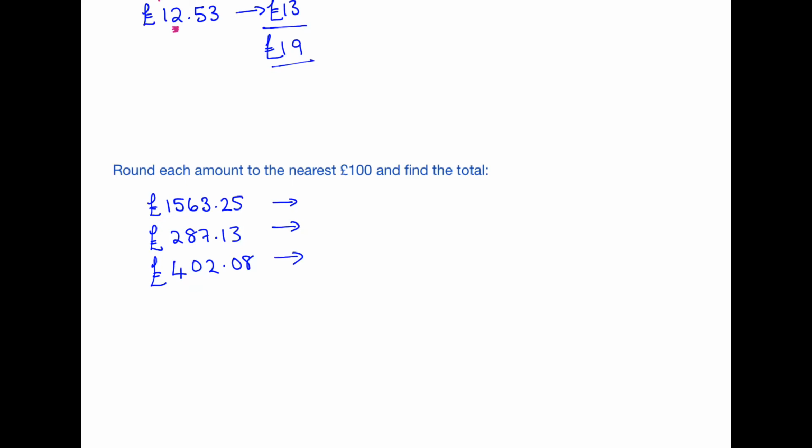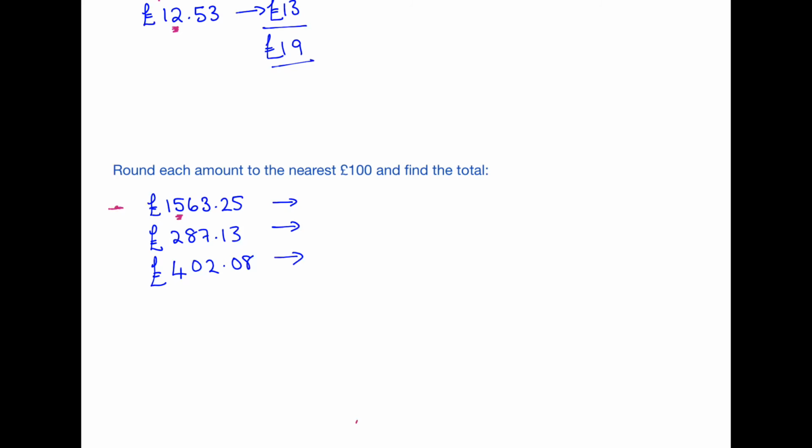So this one, we need to have a look here at this number and see which is the hundreds digit, £100. Okay, so remember the £100. So this column is pounds, that's £10. That's £100, okay? So our hundreds digit is that one.